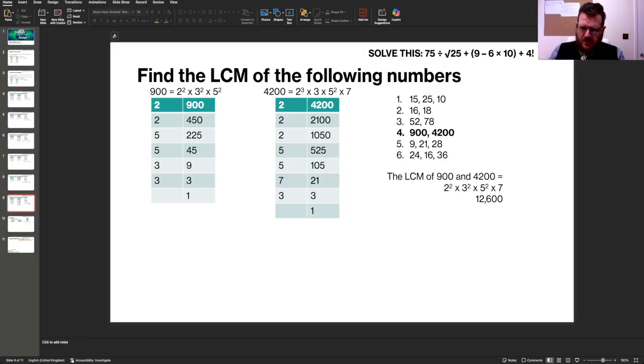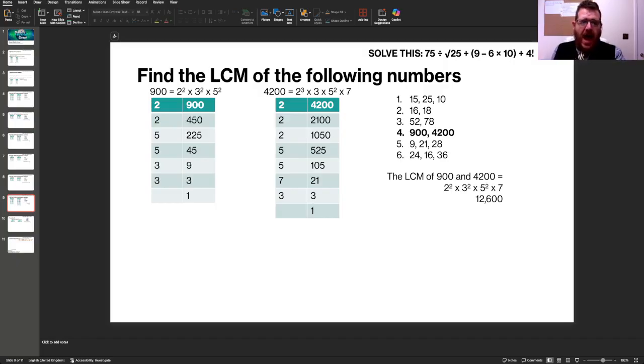So it's 2 squared times 3 squared, which is 36. 36 times 25 is 900, times 7 is 6,300.